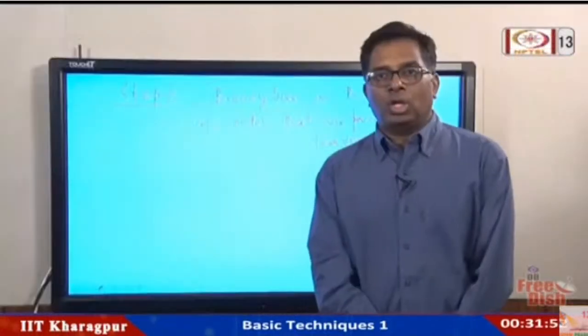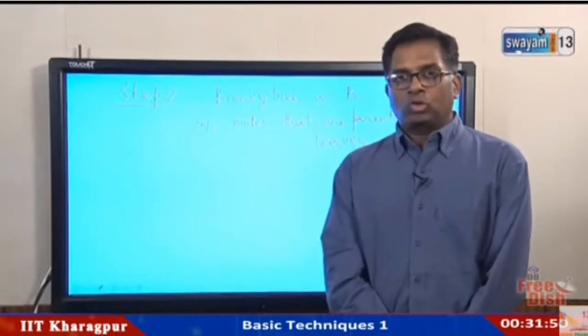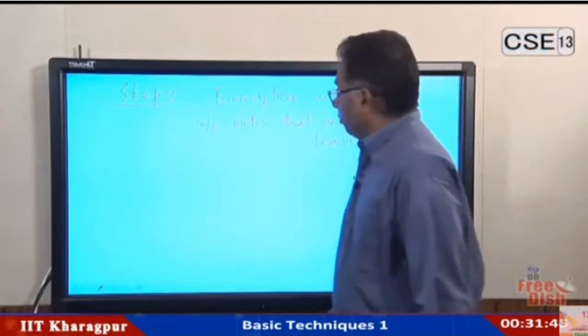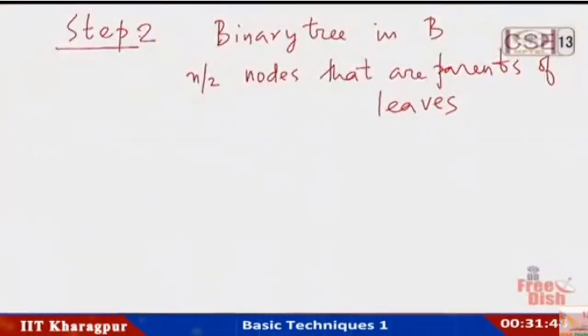Assume you have one processor sitting at each of these nodes. This processor will look at the children of these nodes and will find the OR of the children and keep them at these nodes. That is, the processor sitting here will look at the left child as well as the right child, take the OR of the bits at the children and store it within the node.